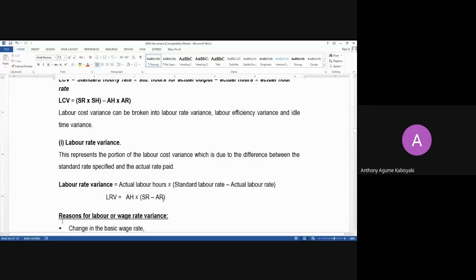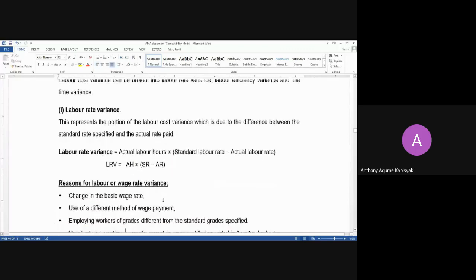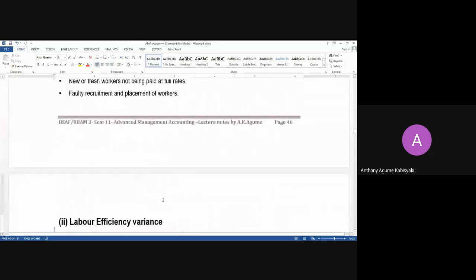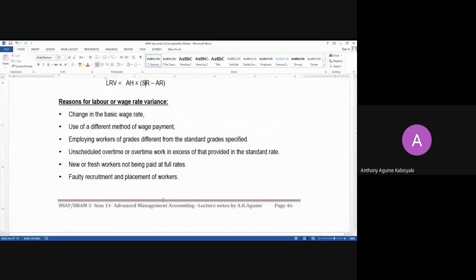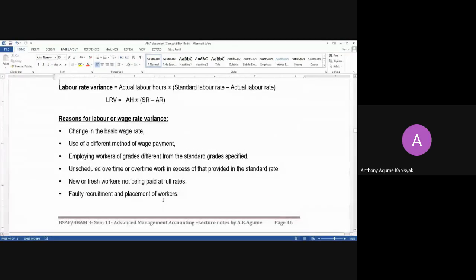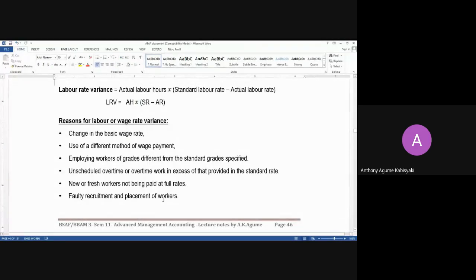So what could be the causes of labor or wage rate variance? Why is it that you may find that there is a variance between what you had planned to pay and what you've actually paid? Of course, if there are variations in the basic wage rates, you expect a variance. Also, if you use a different method of wage payment, you expect a variance.